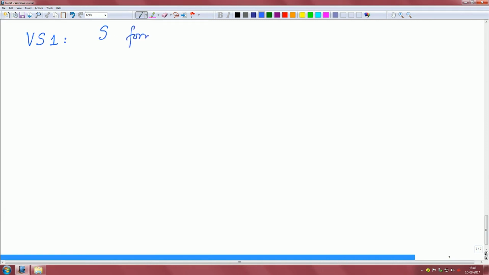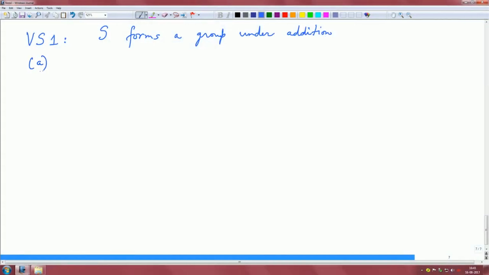S forms a group under addition. Now, what are the properties for a group? We have closure, we have associativity, then we have identity, existence of the identity element, and then existence of the inverse, right, these 4 properties. So, we will just enumerate and list all this.